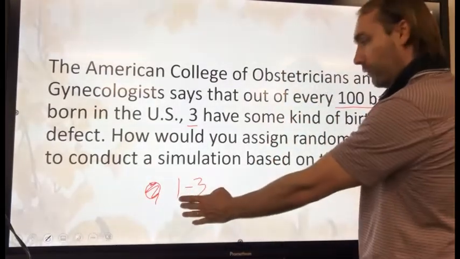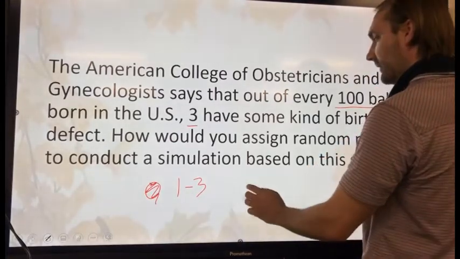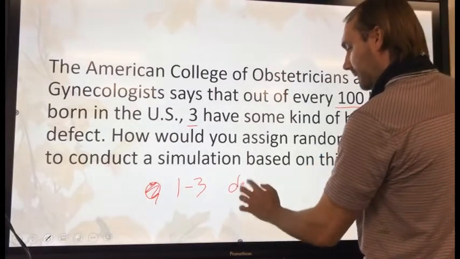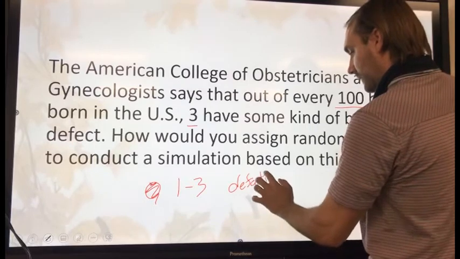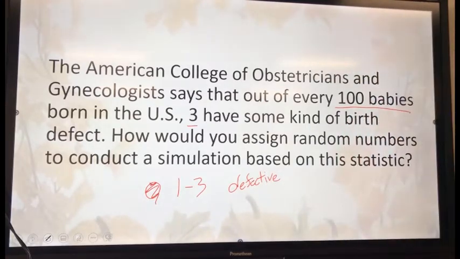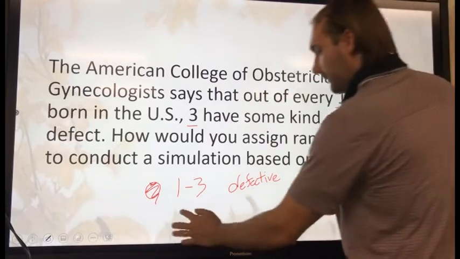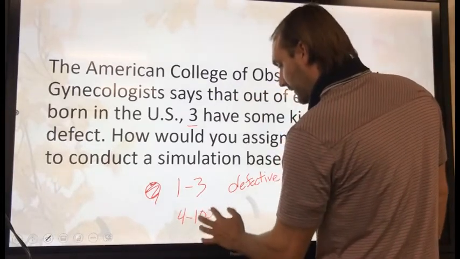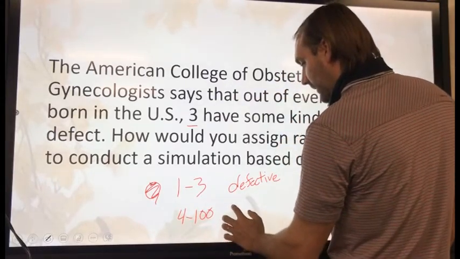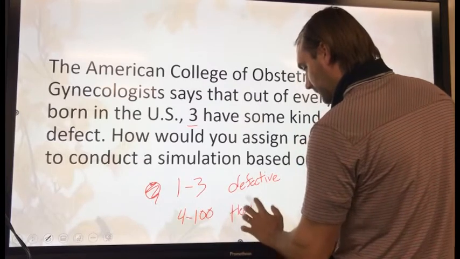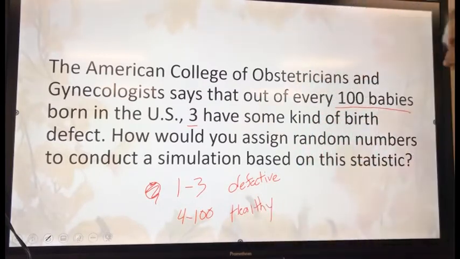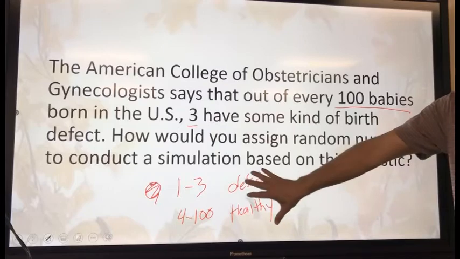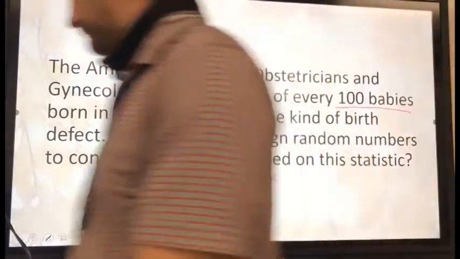If I get a number 1, 2, or 3, that's considered defective. And between what numbers will give me healthy babies? 4 to 100. Very good. If I get those numbers, I am healthy. So this is how you would set up your random number generator.